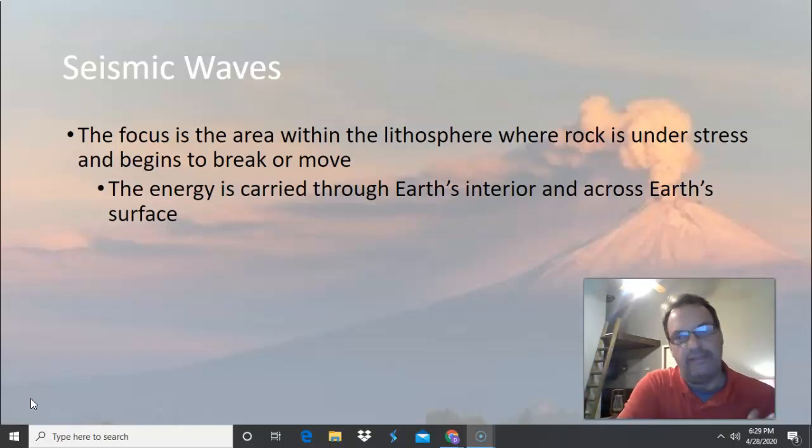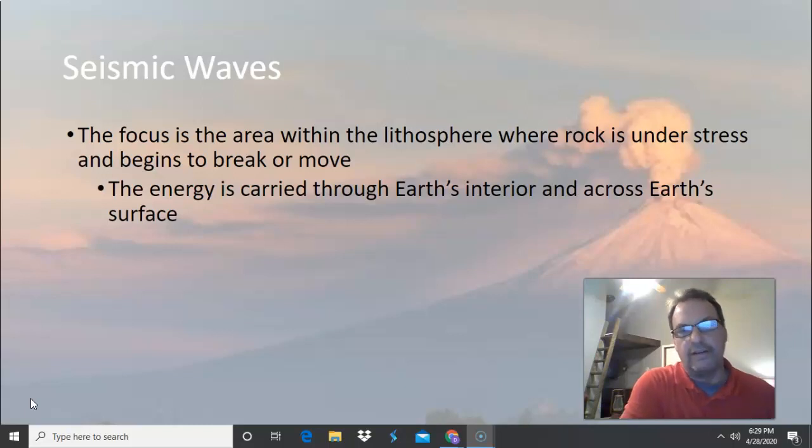There's something in there that's going to keep it from moving. And eventually that's going to get under so much stress that it's going to break, and that's called the focus. This focus is deep down inside the ground. It's way down there where the actual rock breaks. And when it breaks, that's when the earthquake occurs.